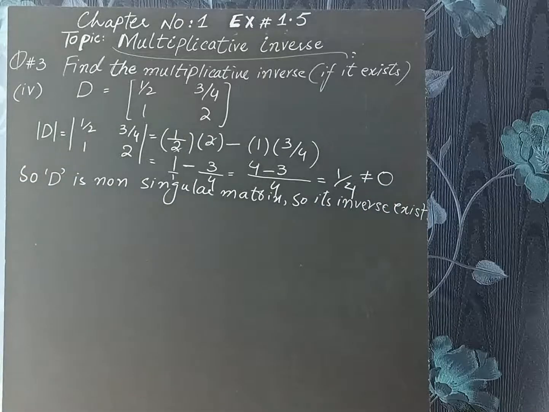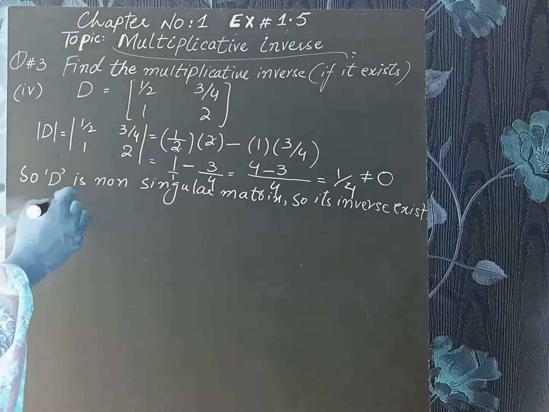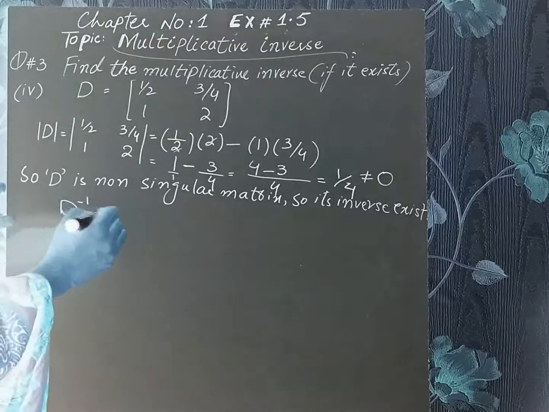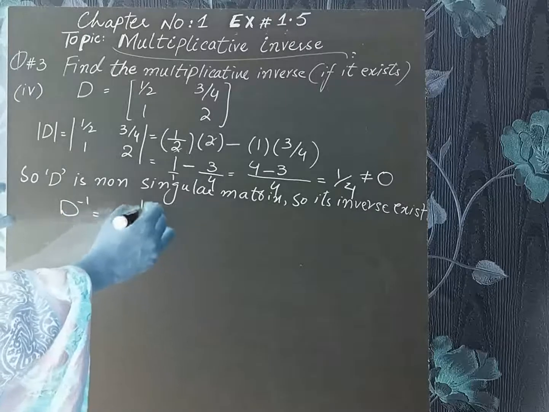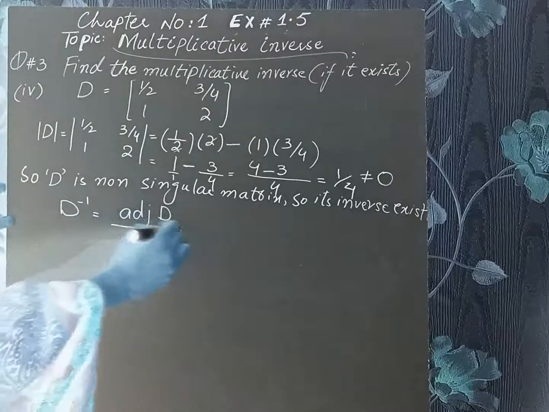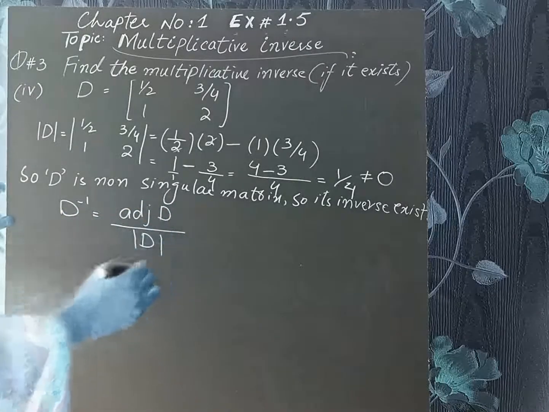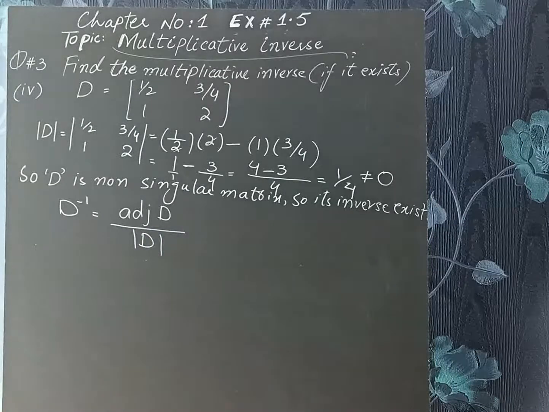Okay guys, now we are going to apply the formula. The formula of the multiplicative inverse is the adjoint of D over the determinant of D. So first we will take the adjoint.